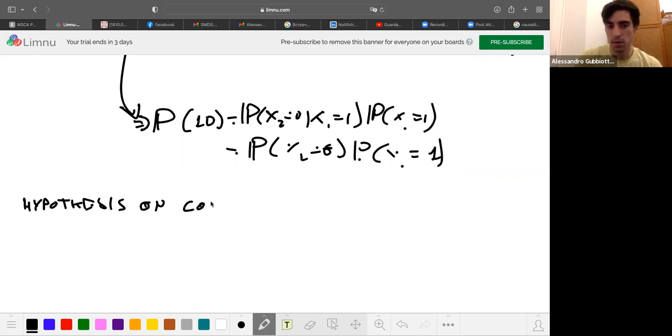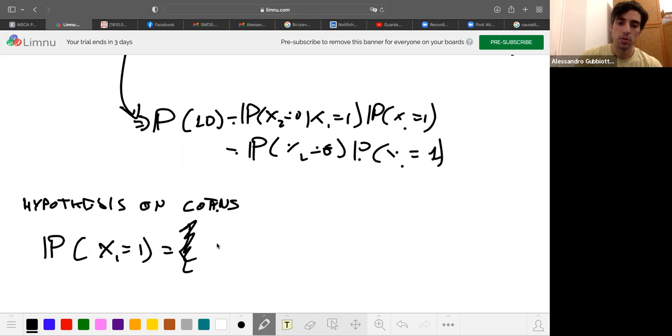The probability of X1 being equal to 1 is p, and for instance, the probability of X2 equal to 0 is 1 minus p.